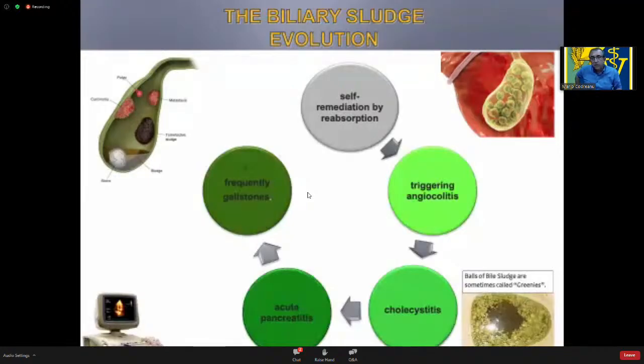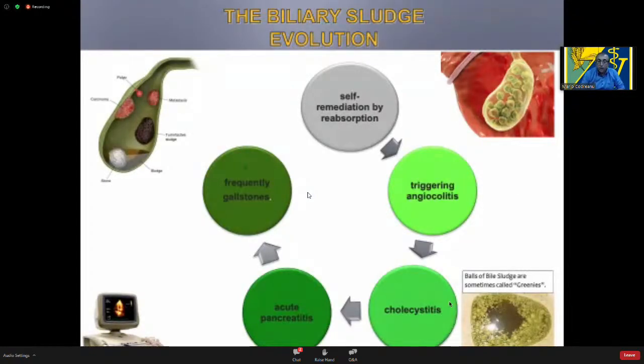But let's see what the evolution of the biliary sludge is. In most cases, we can talk about self-reabsorption or self-remediation by reabsorption. In very many cases, we can talk about triggering different additional pathology, being responsible for triggering angiocolitis.